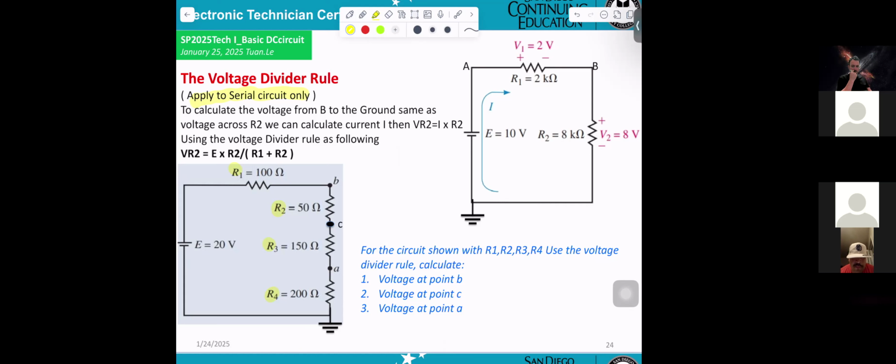Then you take 20 volts divided by R total, and that gives you the current flowing here. So to calculate the current, you take total voltage divided by total resistance.